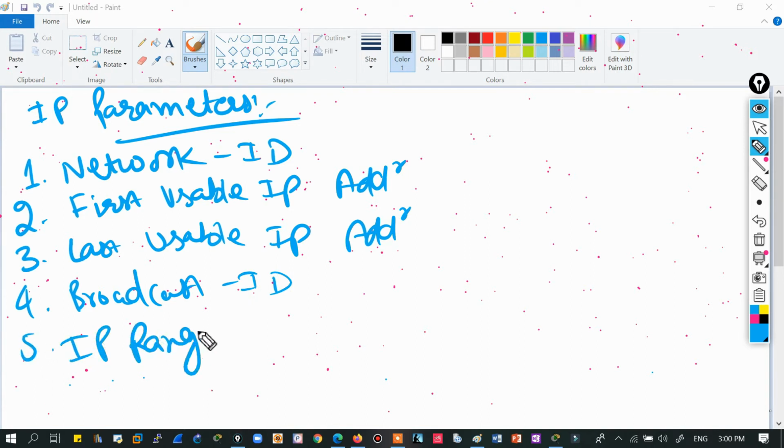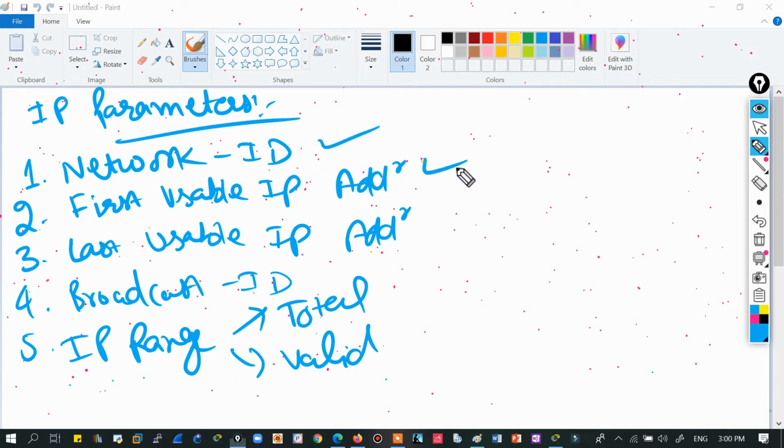And in the IP range we need to discuss total IP range and valid IP range. So yes, there are 5 parameters: network ID, first IP, last IP, your broadcast ID, and your IP range.